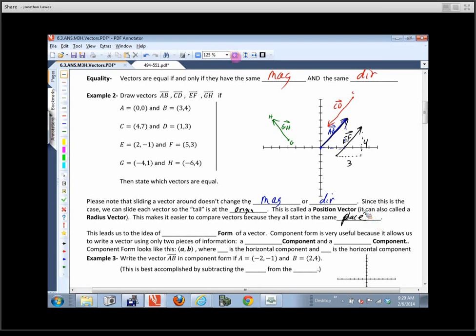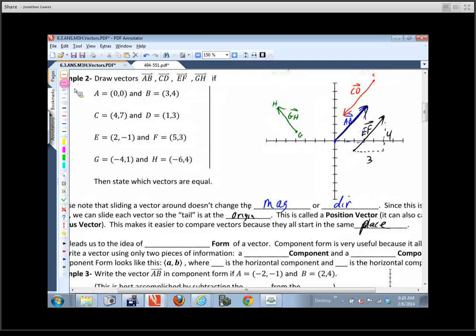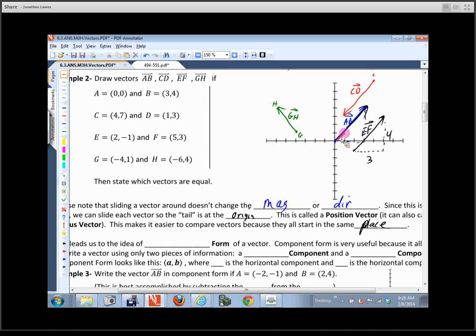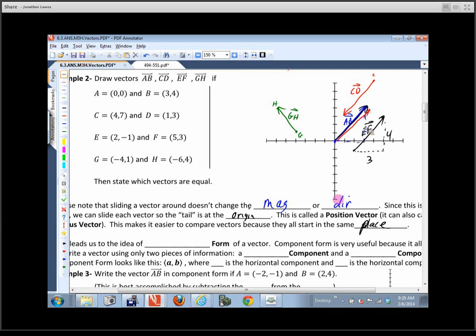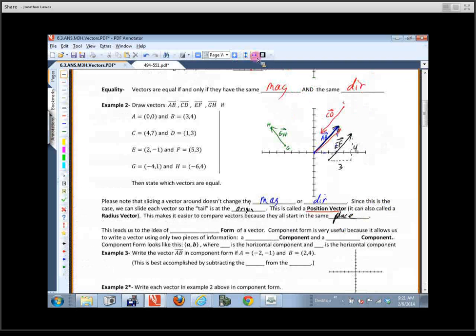So if I were to zoom in on this one, and let's say I had one that went to there. Let's say it looks like it's exactly the same length, but you can see a little bit of light in between the two of those. It may have the same magnitude, but then you can look at it and say there's no way they're heading in the same direction. Even if they're just slightly off, you'd be able to tell, right? So that's called a position vector or a radius vector, and those are really useful because it's easy to compare those, okay?